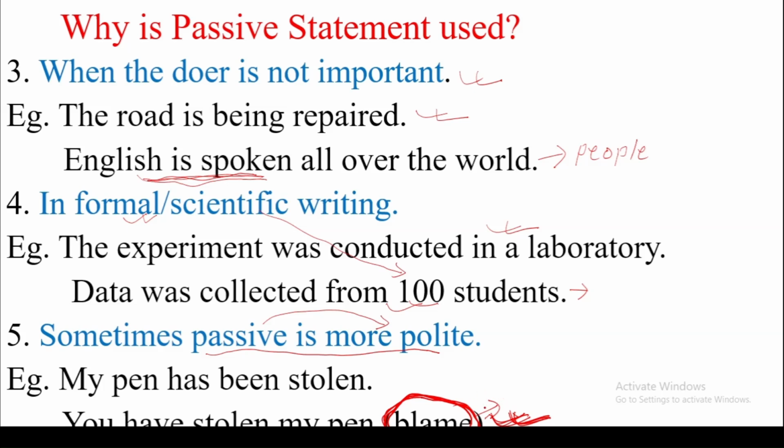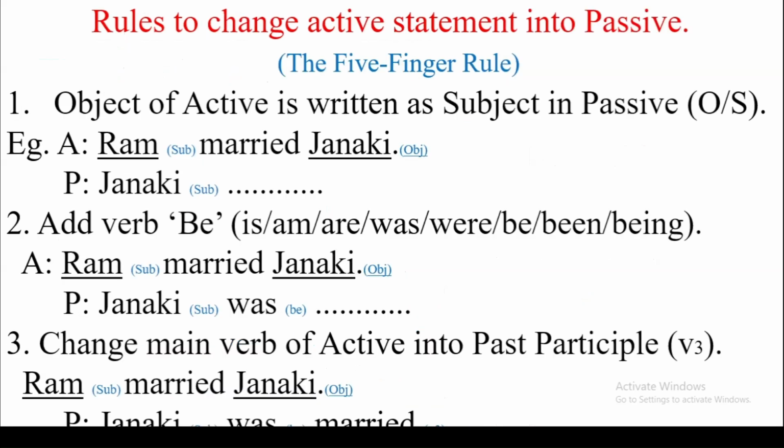But if you say the same thing, you can say, my pen has been stolen. It will be more polite, or you won't blame anyone about the action related to your pen. So sometimes passive statements are more polite than active statements.